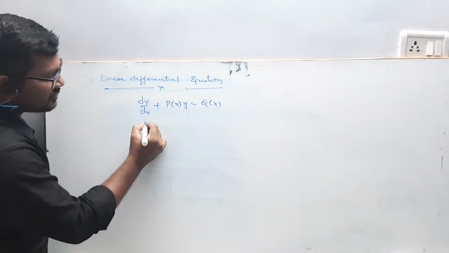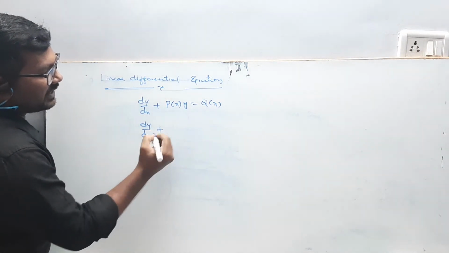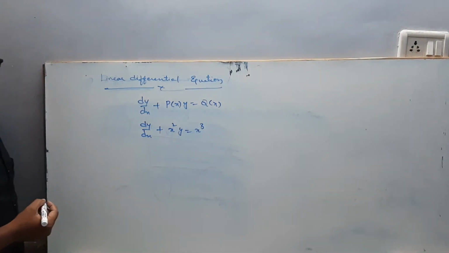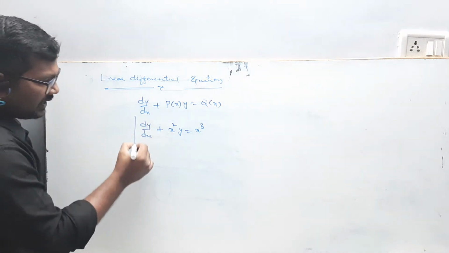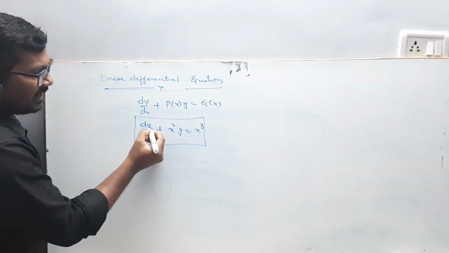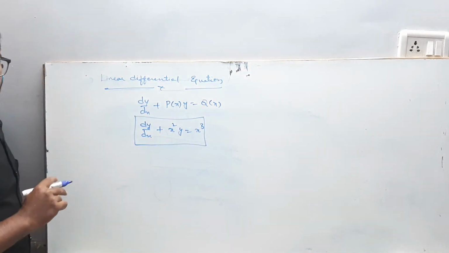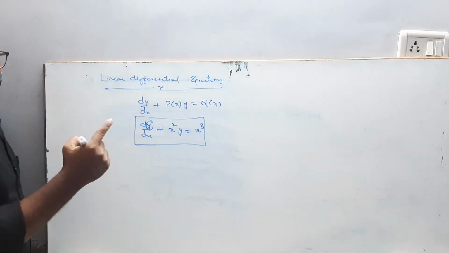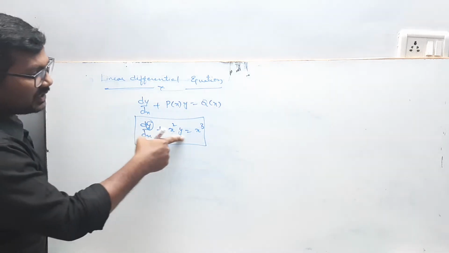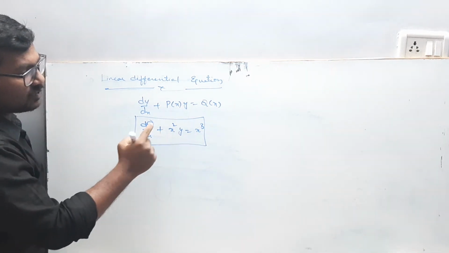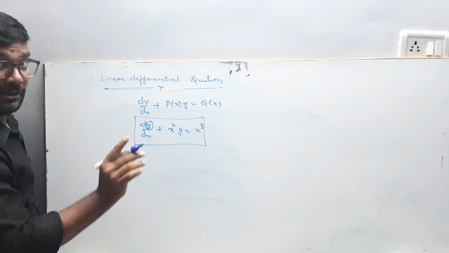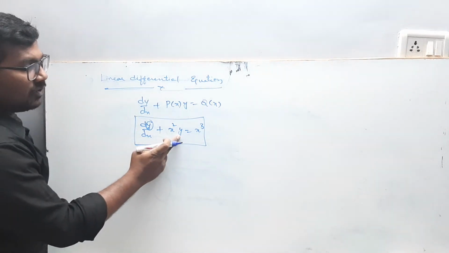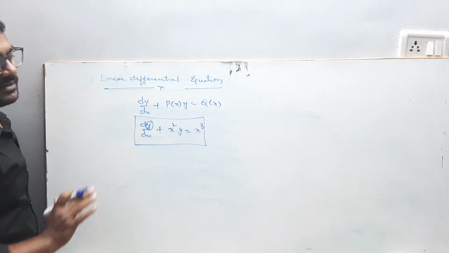Sir, I have a certain question like dy by dx plus x square into y is equal to x cube. When I look at the question, dy by dx is there. Concentrate on y. In the rest of the equation, if y appears only one time, like y only, not sin y, cos y or something else, then we will say that it is a linear differential equation.